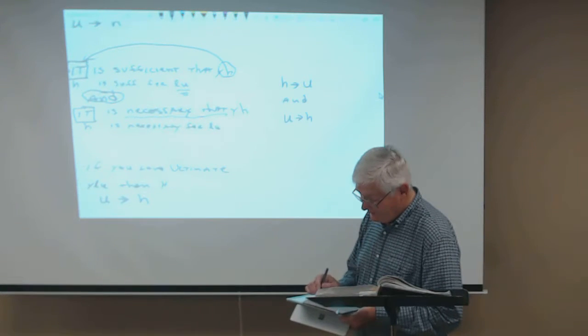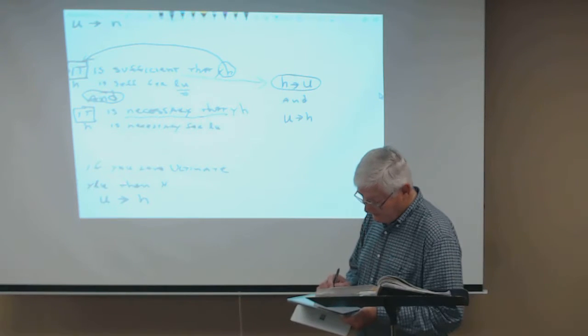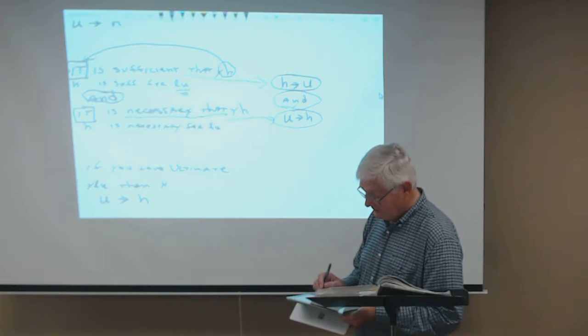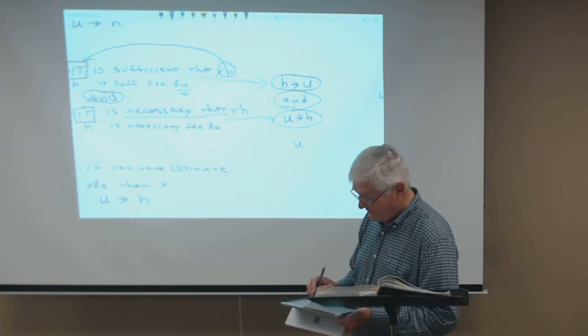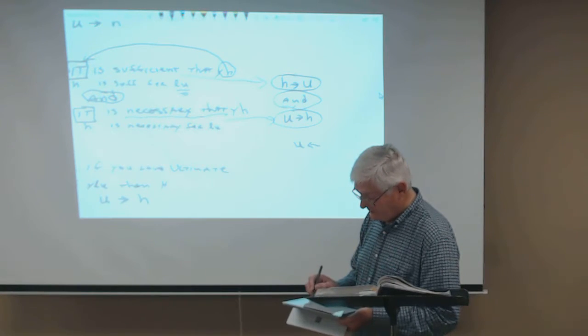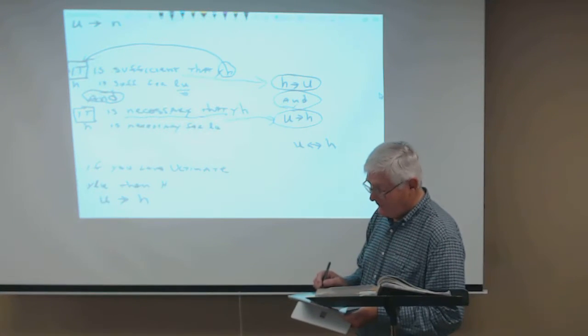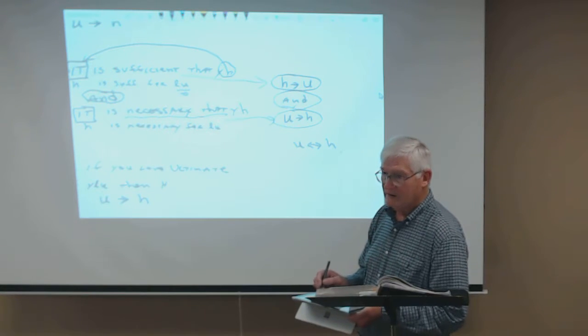Sufficient says if H then U. Necessary says if U then H. And says put them both together, and guess what the answer is? U, arrow both directions, H, which is read, if and only if you love ultimate, then you honk.